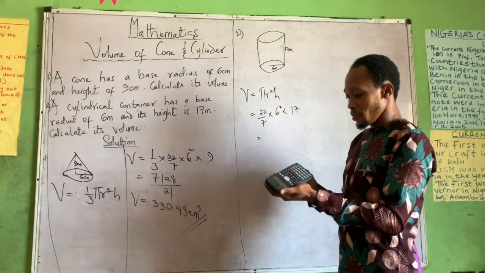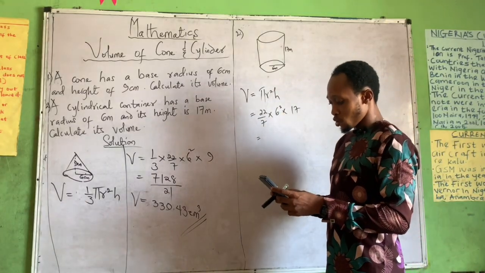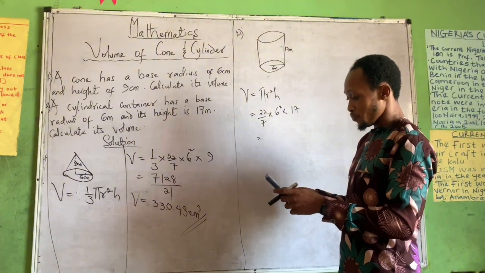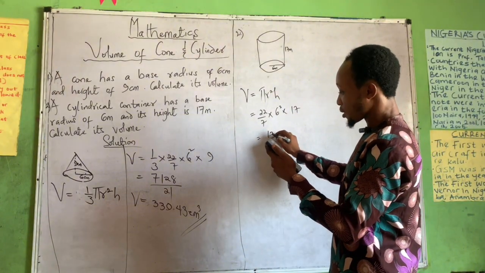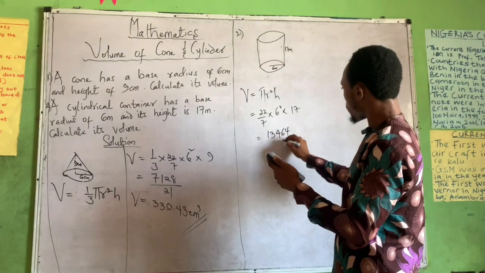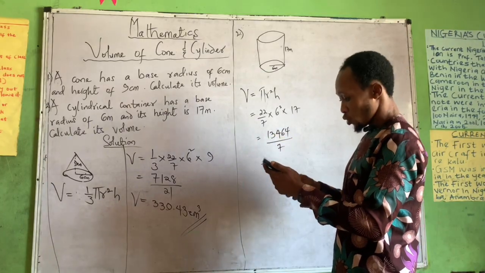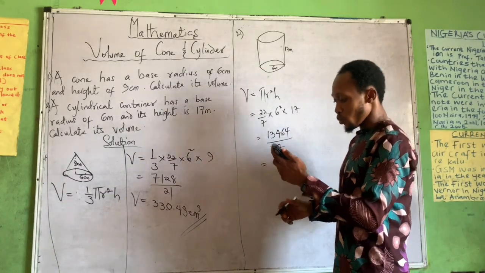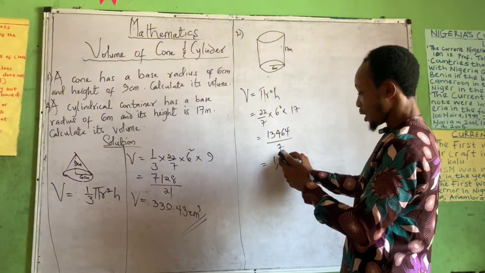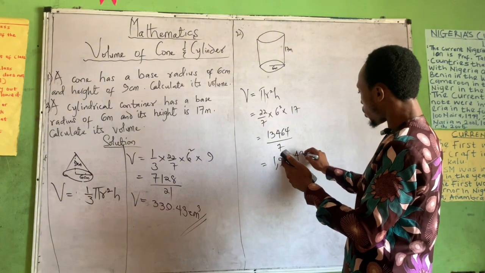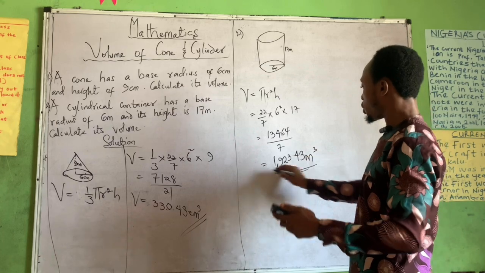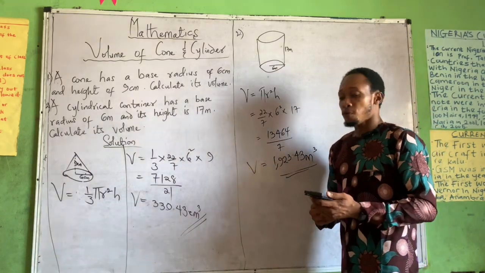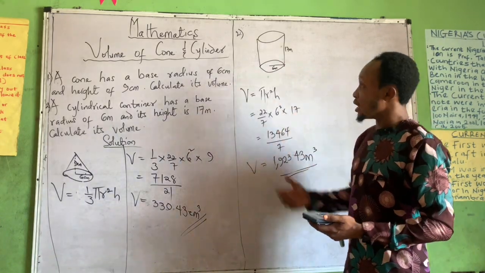So that'll be 22 times 6 square times 17, and that will give us 13,464/7. When we divide it by 7, we have 1,923.43. This time around it is meter, so that will be meter cube. So that's the formula for calculating the volume of a cylinder.